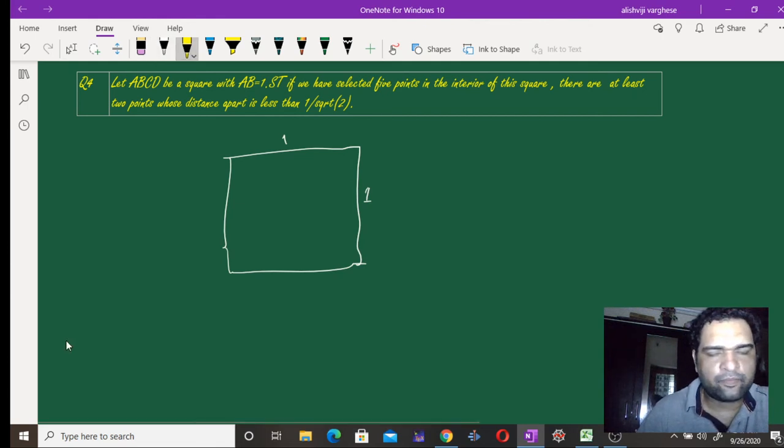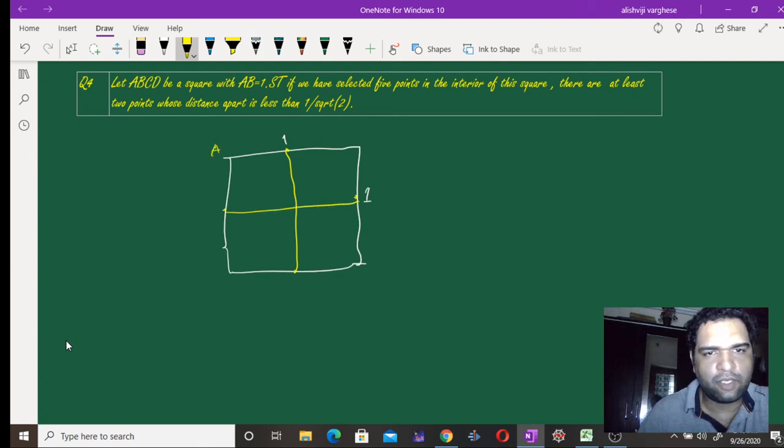So here, first step, we just find the midpoints of each side and divide the square into 4 equal parts.